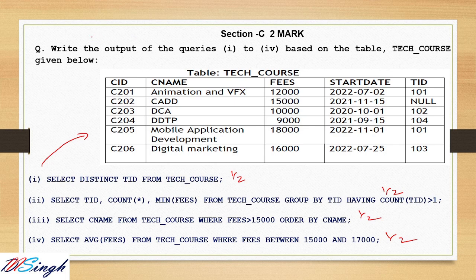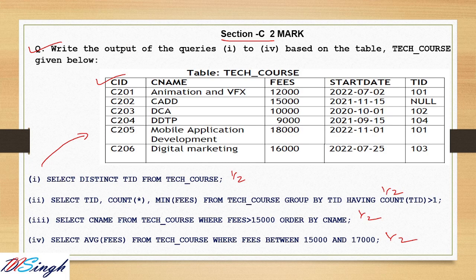This is the major category, so we will deal with about 20 examples in that category. You have to give the output of queries based on the table provided. Another question available in section C is for 2 marks, and a 1 mark subpart is associated with it.